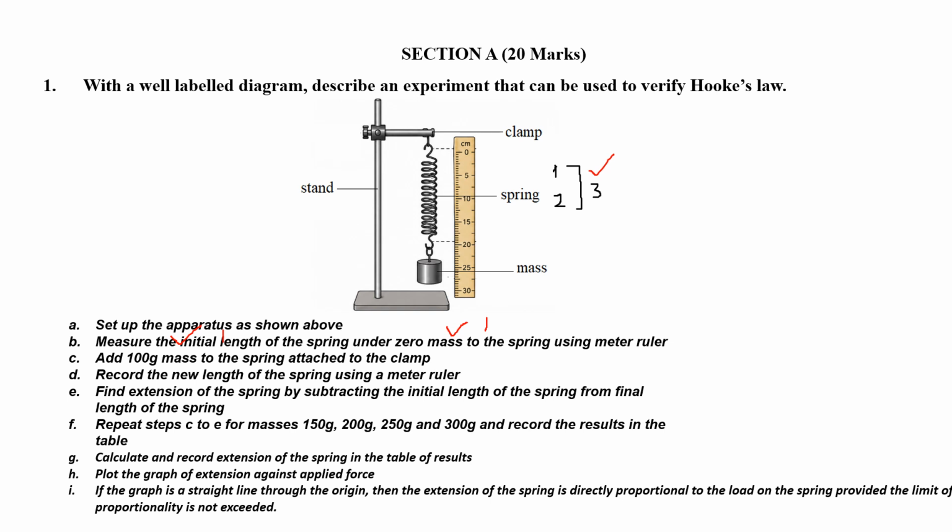Add the 100 grams mass to the spring attached. Okay, we can give this 1 mark. This instruction, all of it, 1 mark. Remember, the total mark is 10. By saying add 100 grams mass to the spring attached to the clamp, add mass, that's 1 mark again.